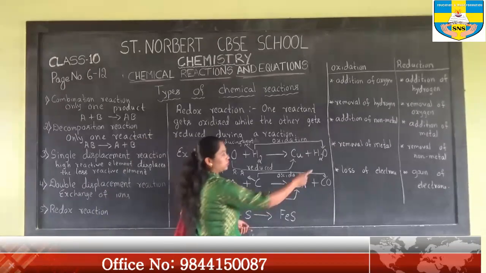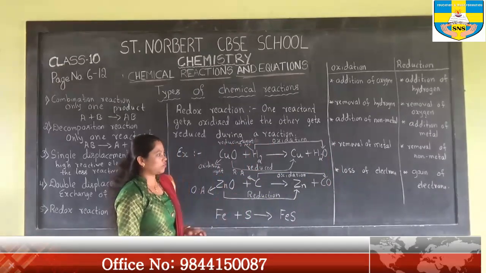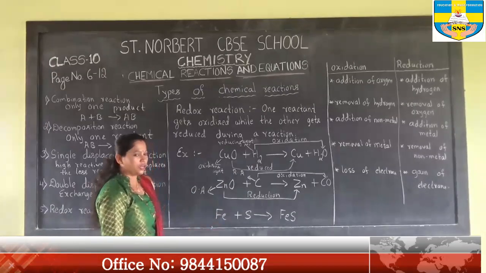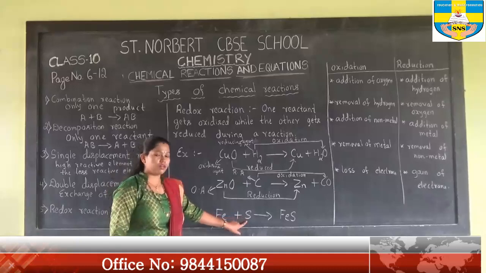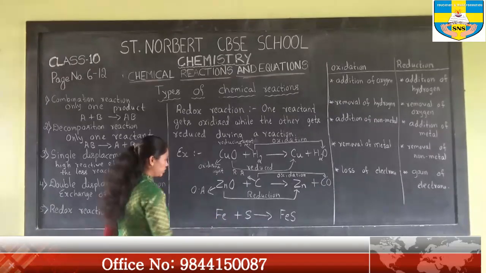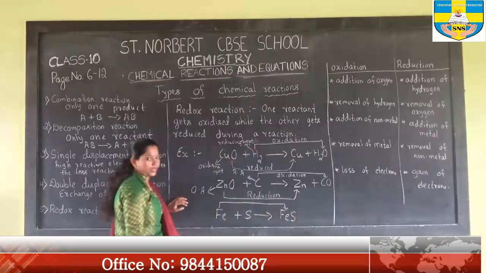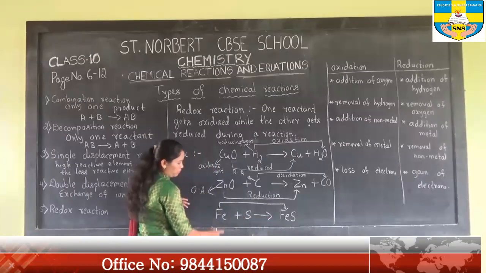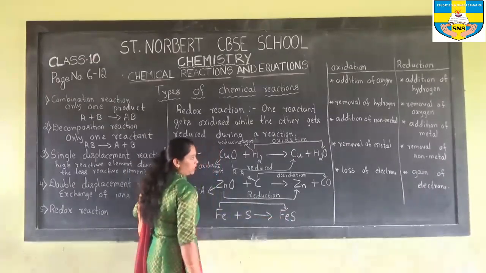Now we have to go to the next point: addition of non-metal or addition of metal, or loss of electron or gain of electron. Now see here, in this reaction, iron is a metal, sulfur is a non-metal. So for the iron, there is an addition of non-metal.